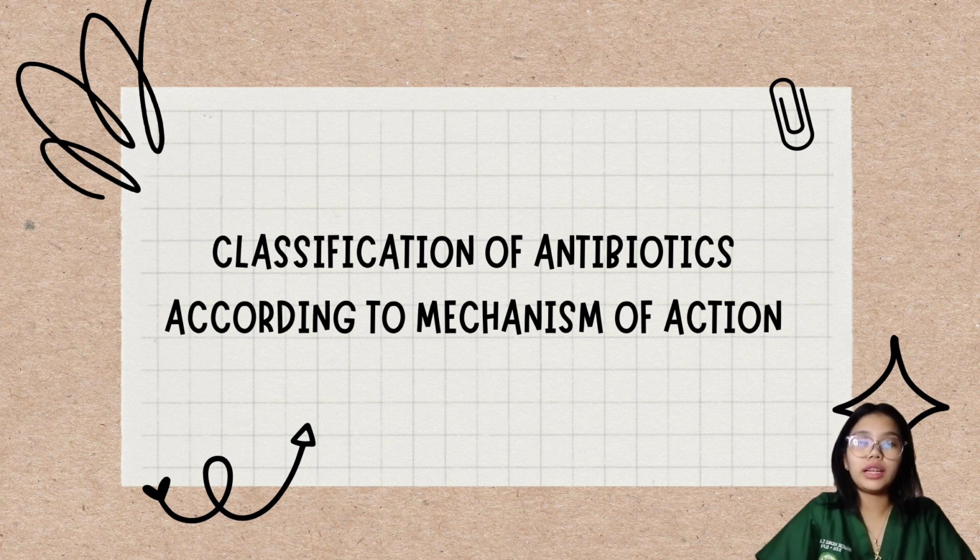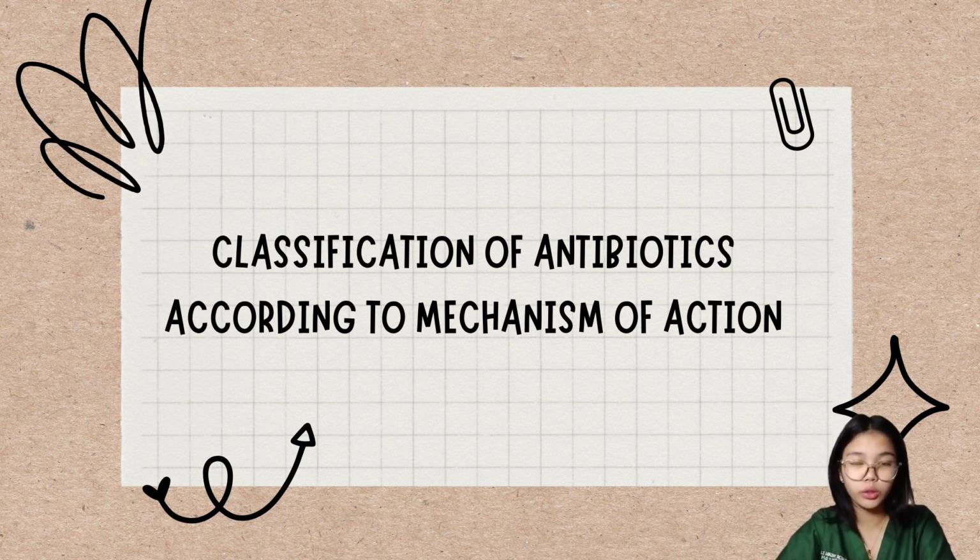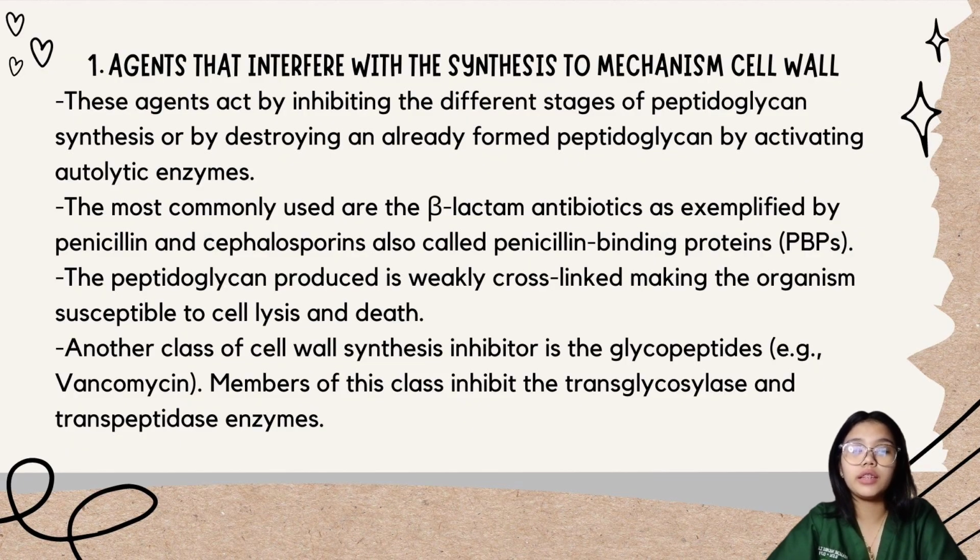So there are different classifications of antibiotics according to their mechanism of action. The first one is the agents that interfere with the synthesis of the cell wall. These agents act by inhibiting the different stages of peptidoglycan synthesis, or by destroying the already formed peptidoglycan by activating autolytic enzymes.